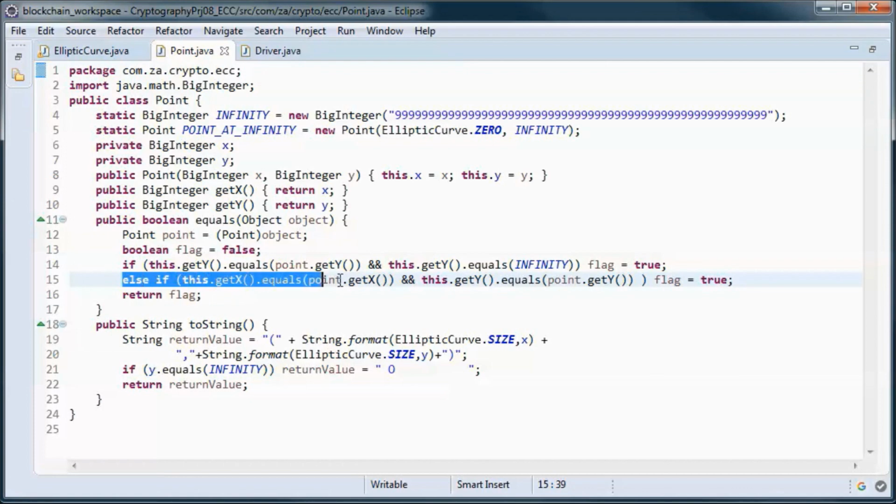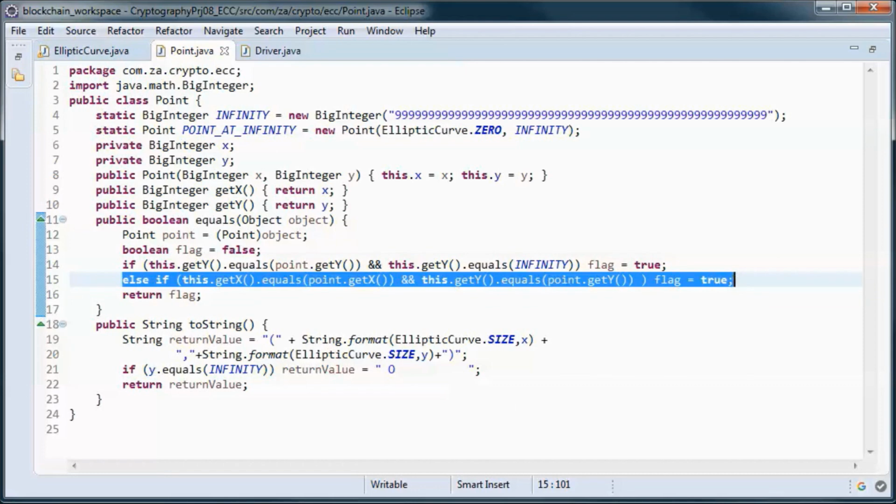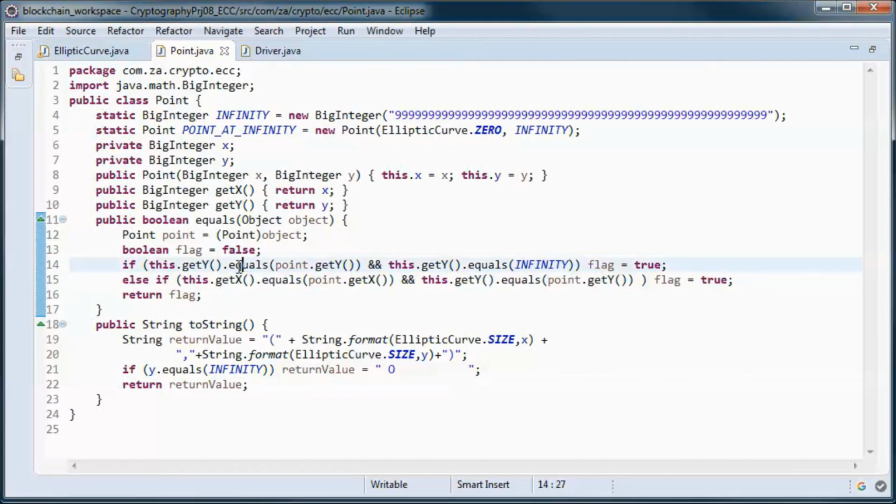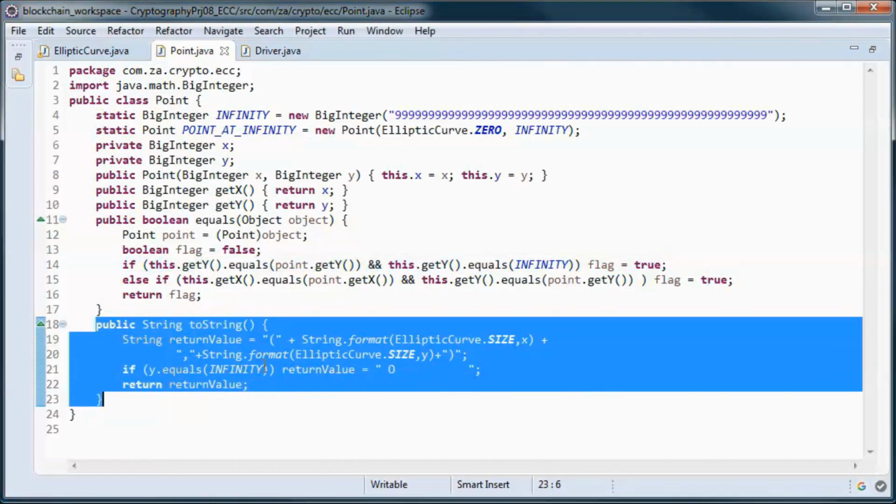So here we are checking if the passed in point and this point are the same, and here we are checking if we have points at infinity. And this returns the x and y coordinates for this point.